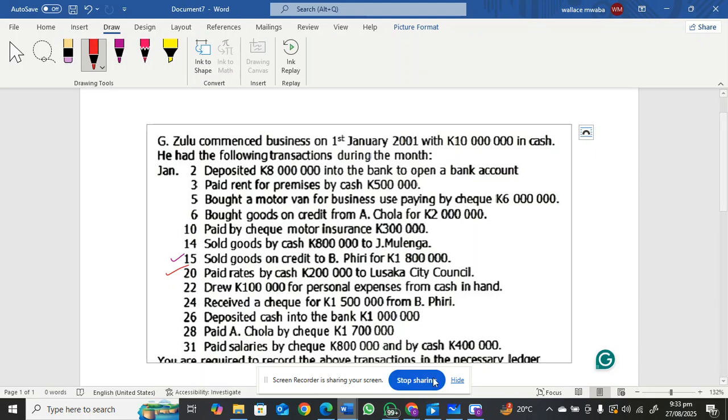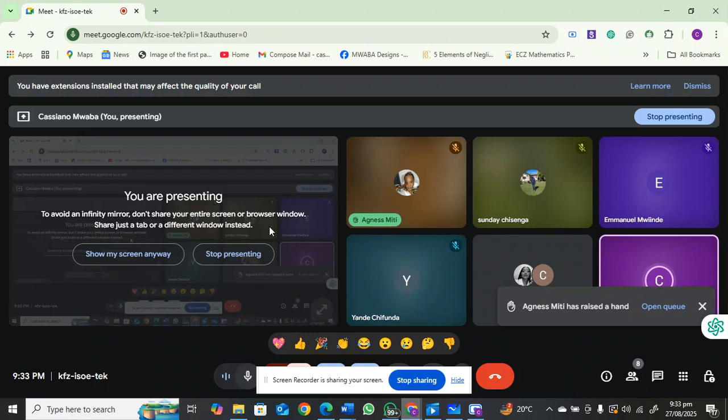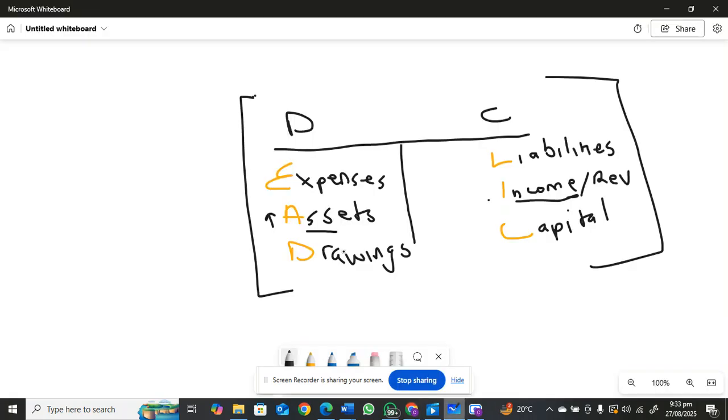Colleagues, remember drawings is when you remove money or even inventory from the business for personal uses, or even other assets just for personal use. Now you must remember one thing: drawings reduces your capital. You can think of it as a contra capital account. That's why it's on the debit side here, because capital increases with credit. Capital is the resources you put in the business, and one of these resources can be cash.